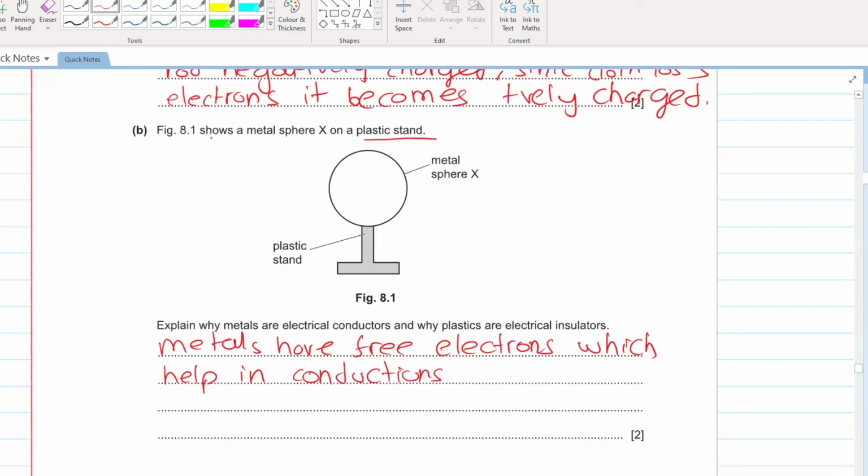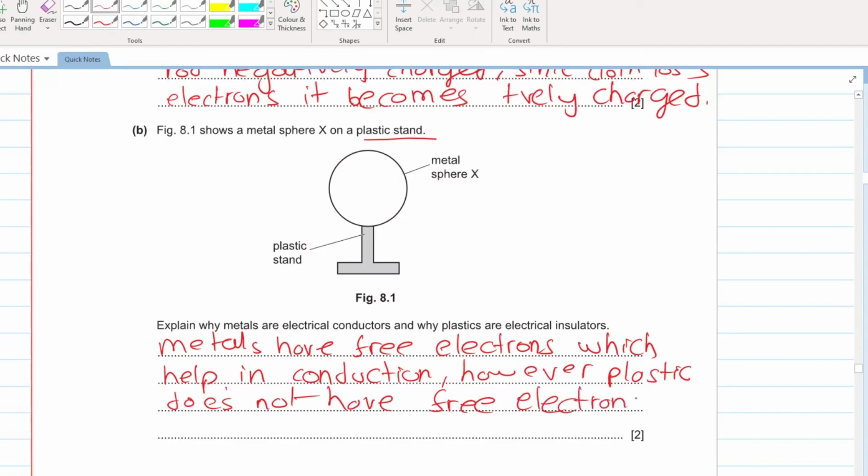However, plastic does not have free electrons. Hence, they are electrical insulators. Simple as that. Let's further move ahead.